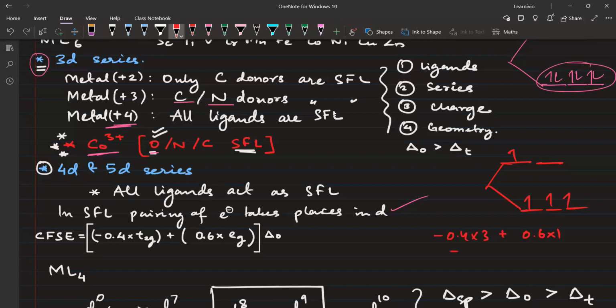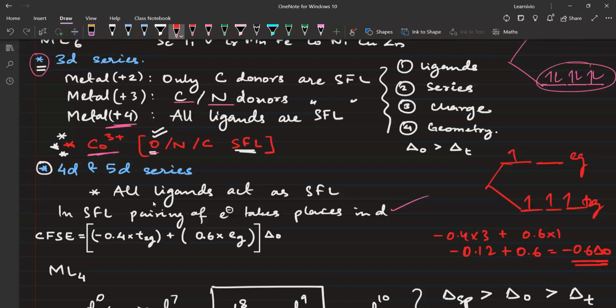So 4 times 3 is minus 1.2 plus 0.6. So this will be equal to minus 0.6 del. So this is how you have to calculate the CFSE. Because this was your EG level, this was your T2G level. The number of electrons in the T2G level is 3, so I'm plugging in 3. The number of electrons in the EG level is 1, so I'm plugging in 1 in place of EG. Please write this down.